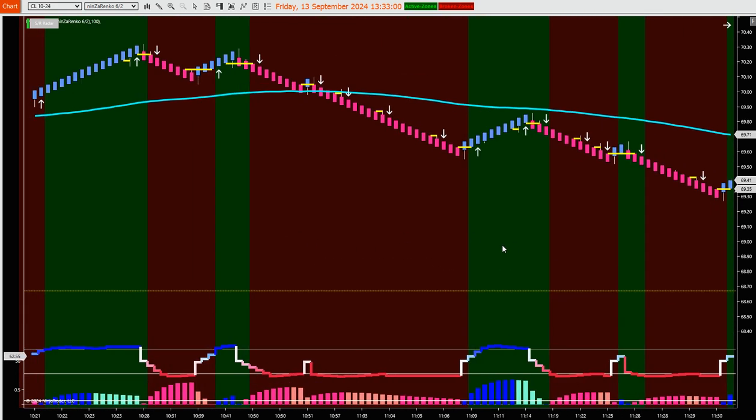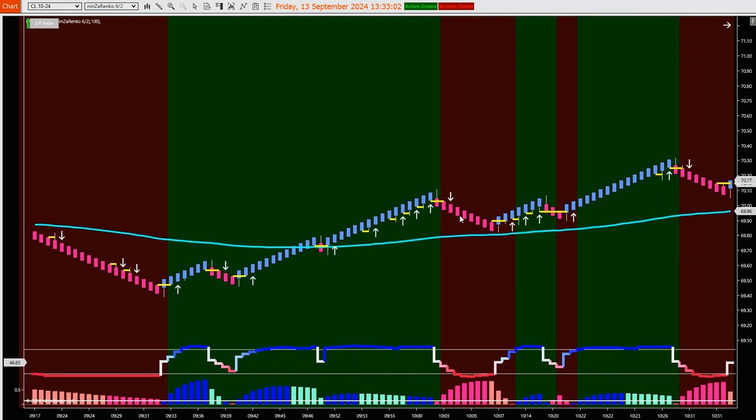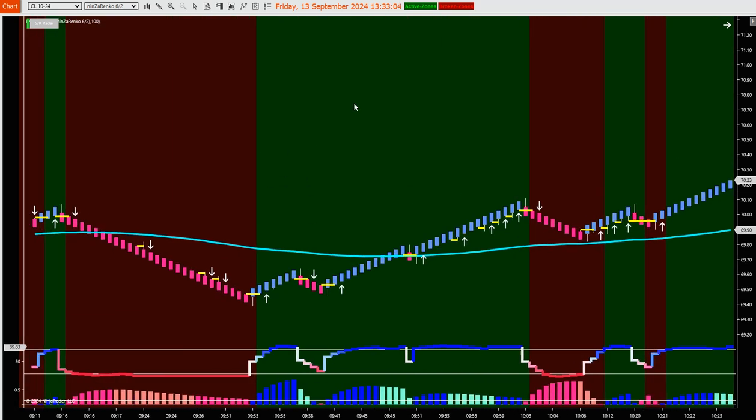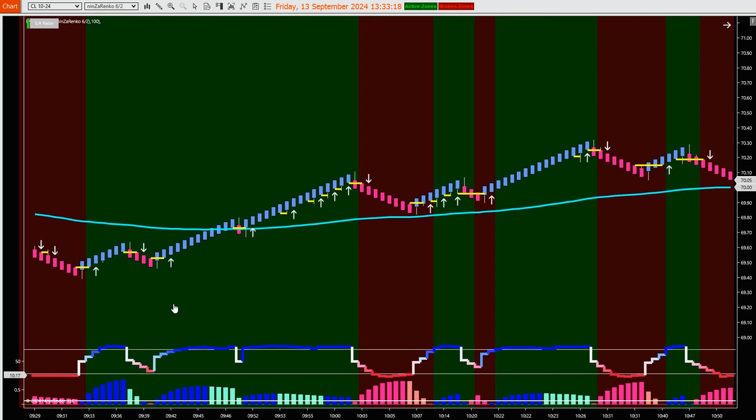Well, let's go back. You know what? Let's go back and count it since 9:30. Let's do that. 9:30. Well, we wouldn't have taken this trade because we got a green background.